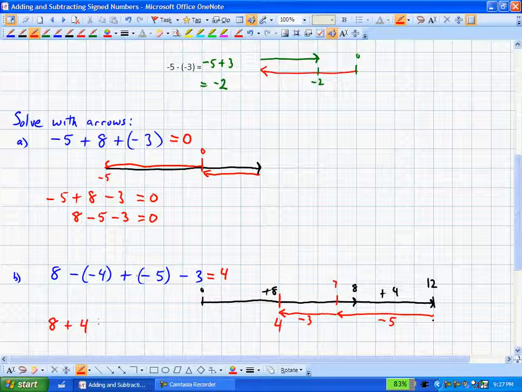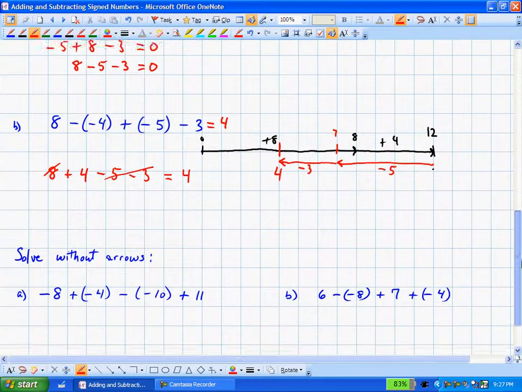Adding the opposite is subtracting 5, and subtracting 3. And here you can see, one way to think about this is to think negative 5 and negative 3 are negative 8. So 8 minus another 8 equals 4. It's another way of getting to the same place.